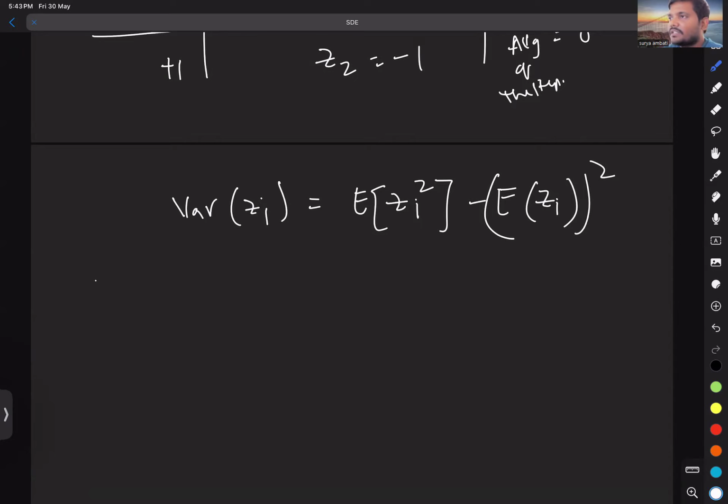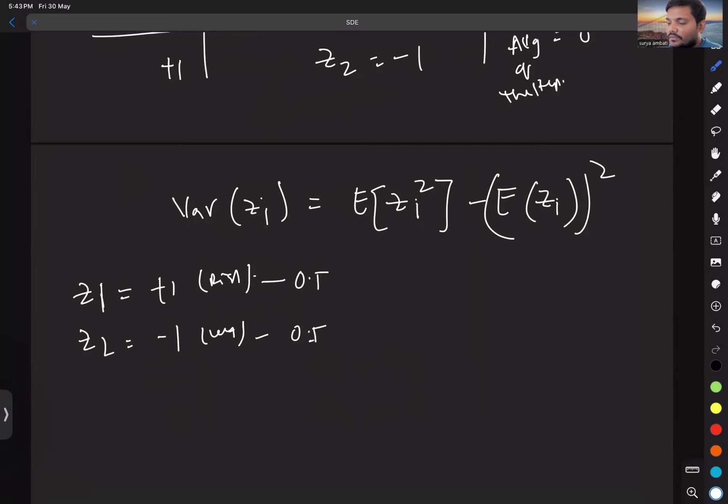So I'm continuing with the earlier example. In Z1 we took plus 1, and in Z2 we took minus 1, the right direction and the left direction. The probability of taking the right direction is 0.5, which is 50%.